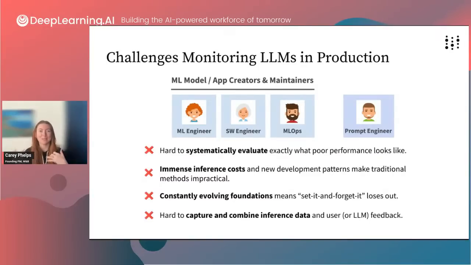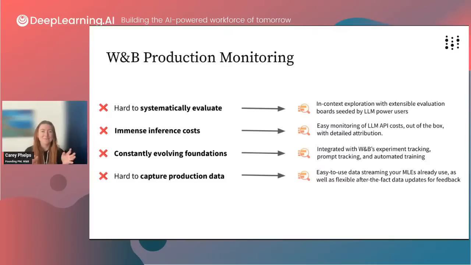It's really important to be able to keep tweaking as you get more information about how users are interacting with your system. And it's also really hard to capture and combine data from different points of feedback in your LLM system. And so we've tried to address each of these key points with our production monitoring tools.